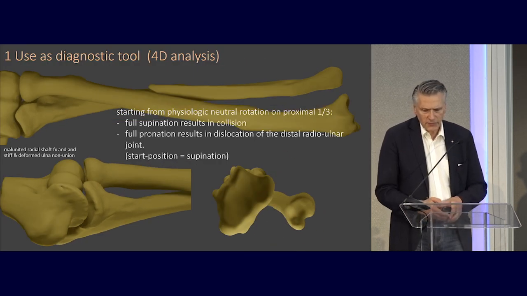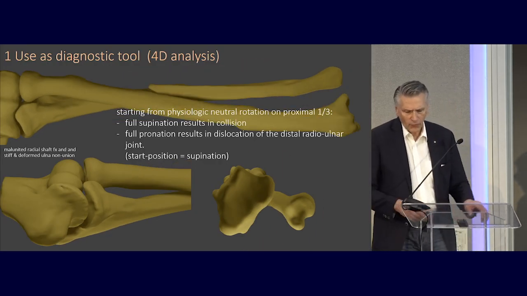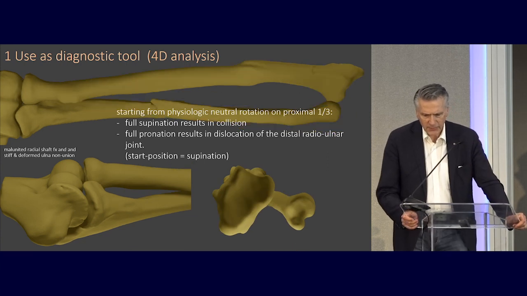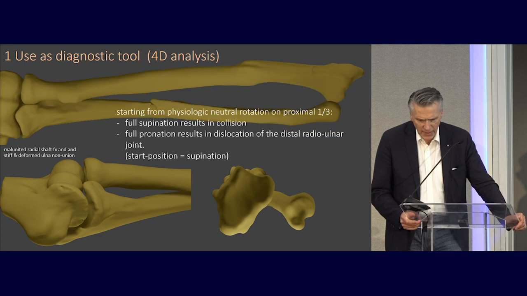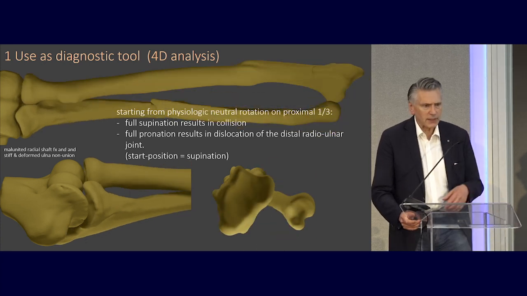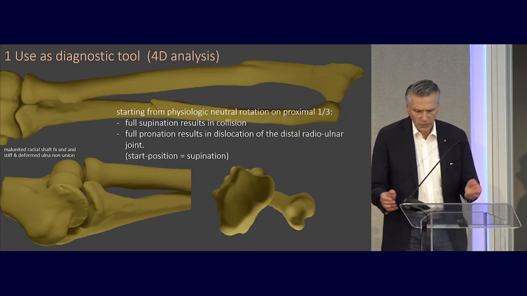I'd like to start with this model of a young gentleman with a forearm fracture, an ulnar fracture and a radial fracture, malunited, and he has a significantly impaired forearm rotation.